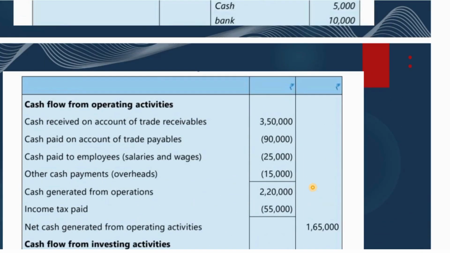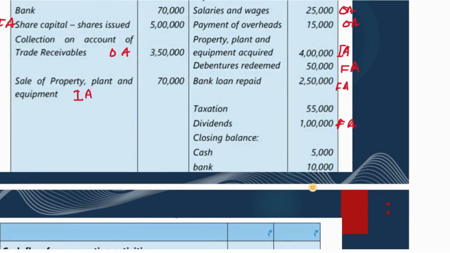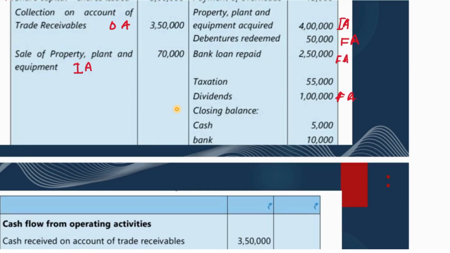Now moving ahead with the investing activity. As I told you, under investing activity the direct method is followed, so you have to directly record whatever has been said. For the investing activity we have the sale of property, plant and equipment of 70,000, so we are going to record this first.